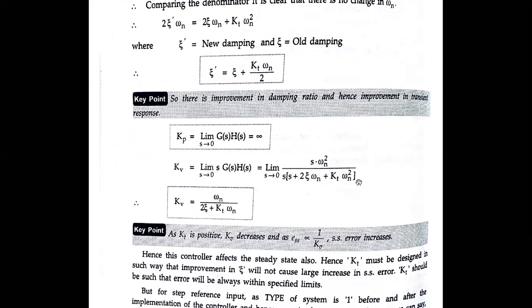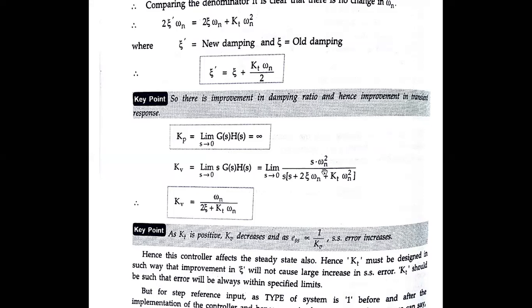So I will not consider h of s in the denominator, and just add a single s in the numerator. This s and this s will cancel each other. Now you can apply the limit. If you apply the limit s tends to 0, wherever there is s, put 0.